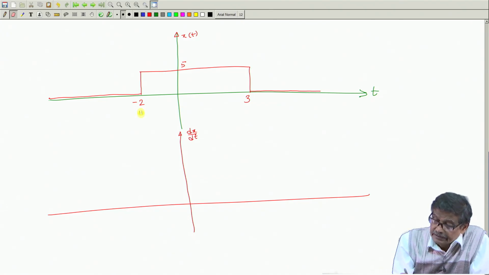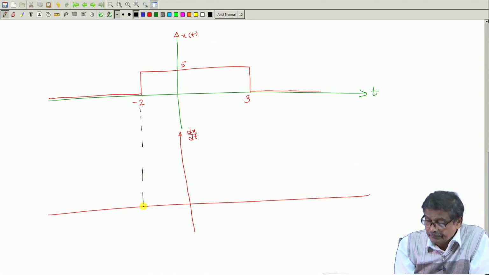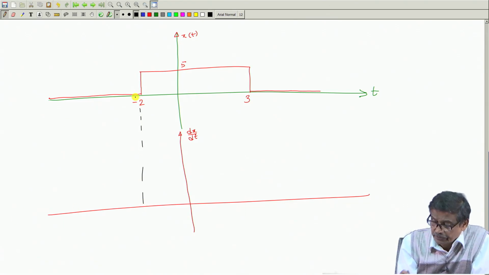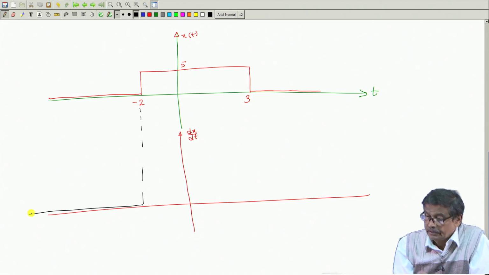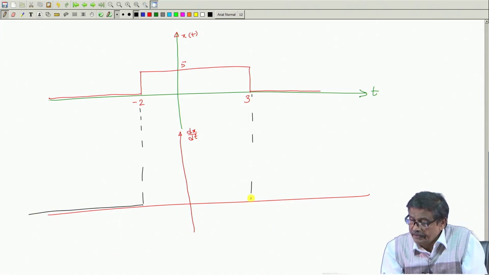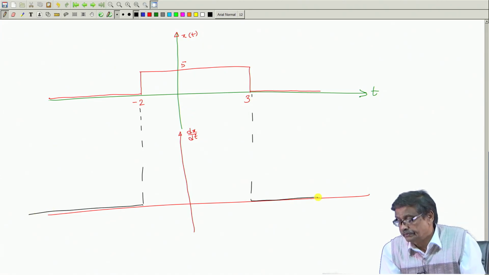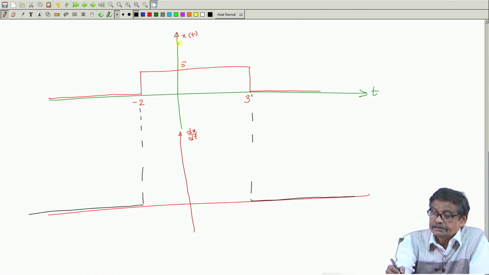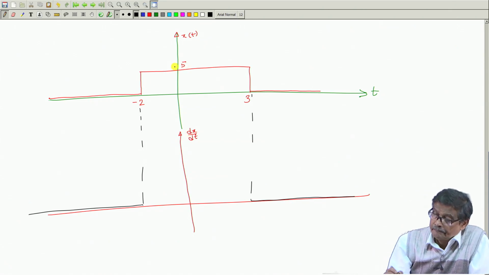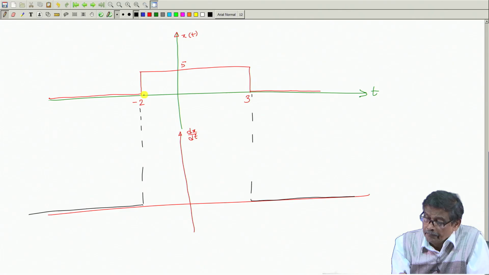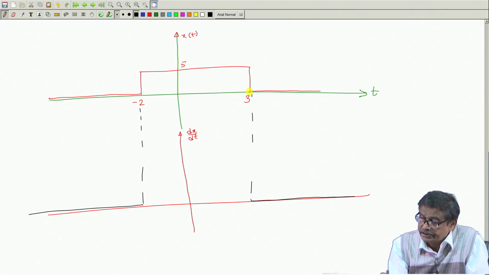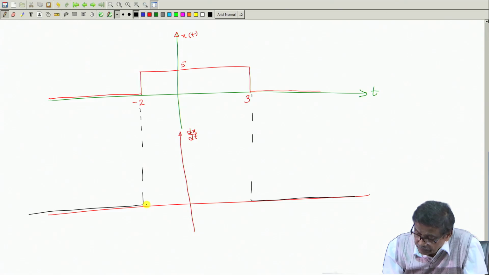dx/dt for t less than minus 2 has to be 0, because x is 0. For t greater than 3, it is also 0. I am sketching dx/dt, this is x(t). And between minus 2 and plus 3, it is 5, so the derivative will also be 0 because of the constant value.